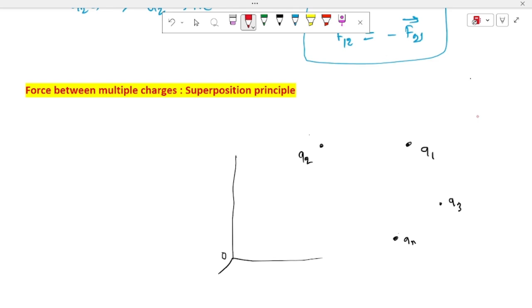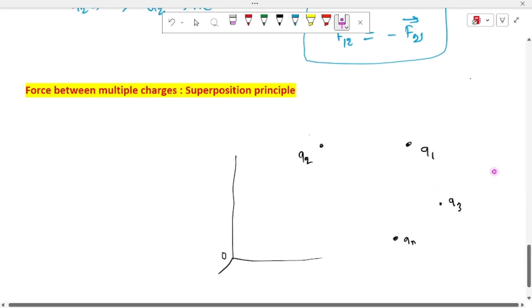So now force between multiple charges, superposition principle. If we have more than two charges q1, q2, q3, up to qnth, multiple charges, then what will happen? What is the expression of force?